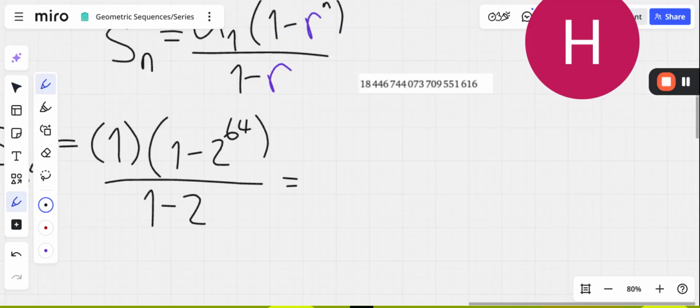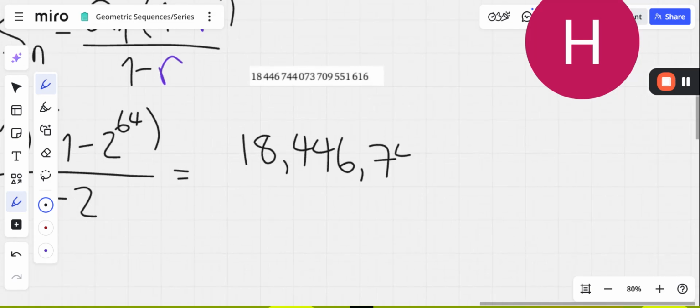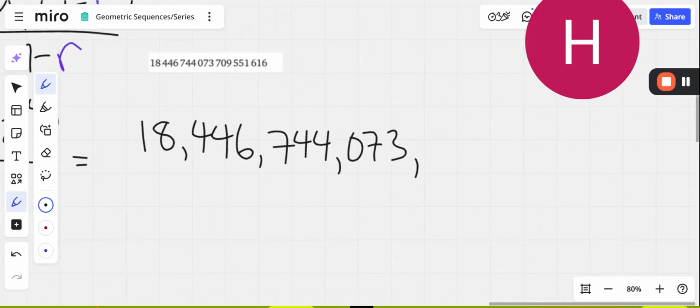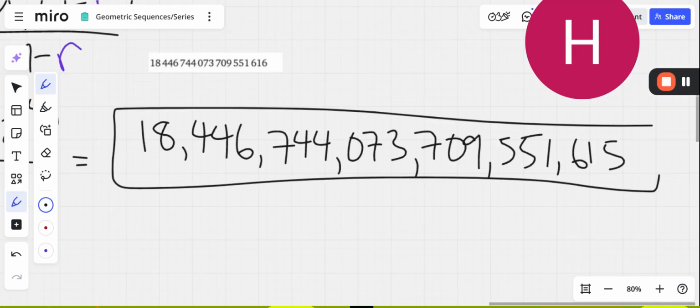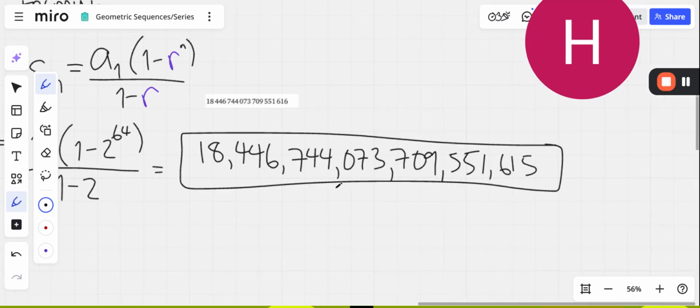So the answer here is going to be 18 quintillion, 446 quadrillion, 744 trillion, 73 billion, hi Elon Musk, 709,551,615 grains of rice. This is how much rice the man was owed.